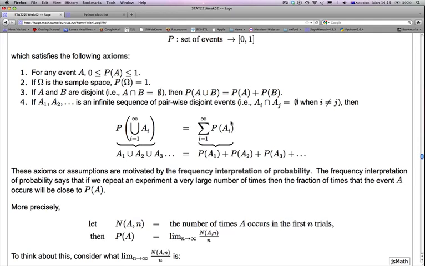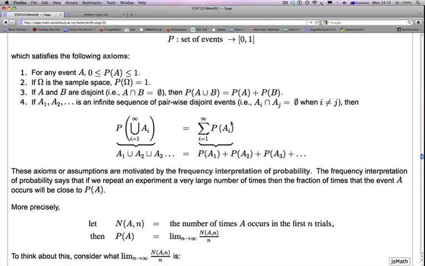So this sample space will clearly be 0, 1, 2, 3, or any non-negative integer, because that's the number of times I have to toss the coin until I see the first tail. So that's an interesting and more complicated countably infinite sample space.